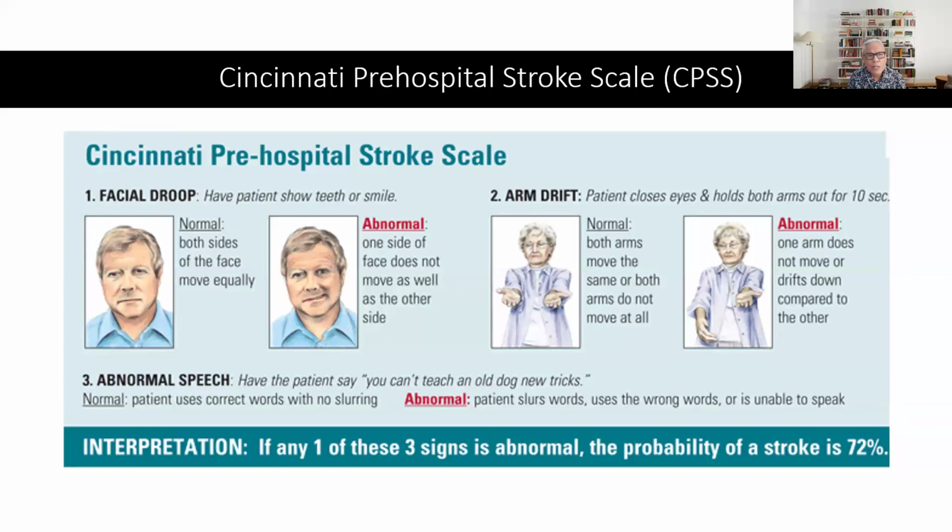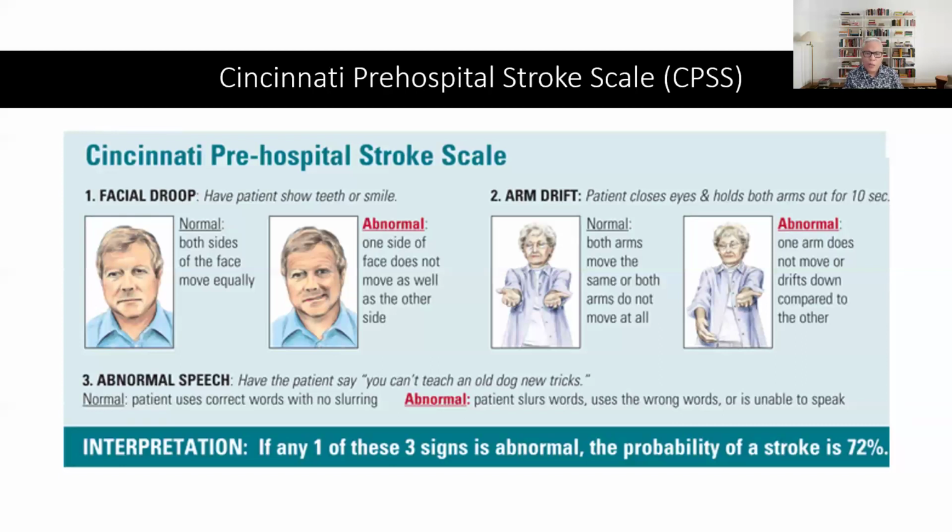And the other one is the National Institutes of Health Stroke Scale, or NIHSS. So these are going to be utilized in order to determine whether or not the patient has a stroke.